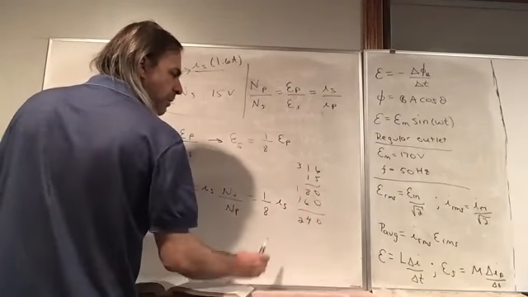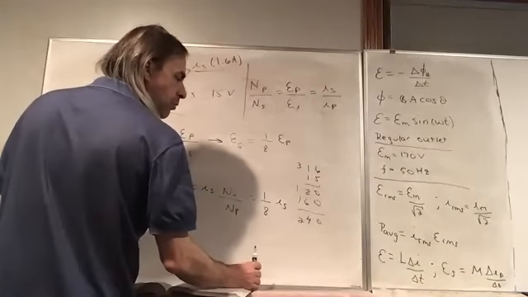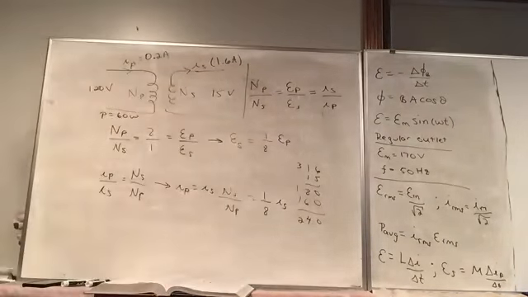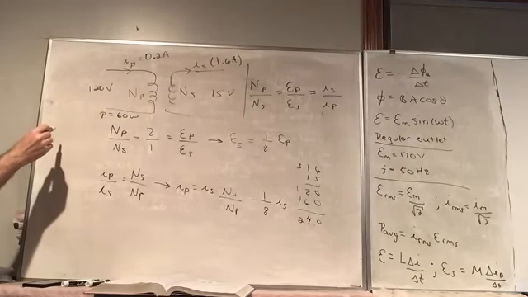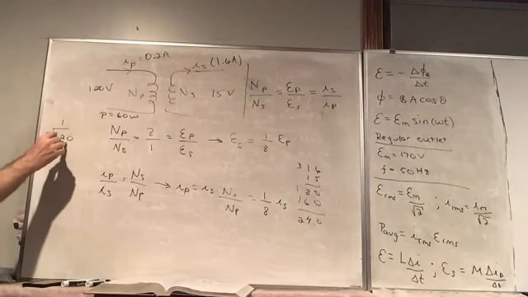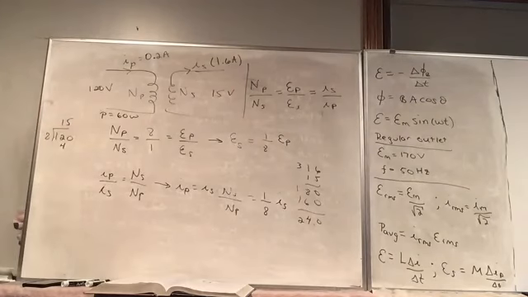Wait a minute. Sorry, it is definitely a Monday. Nothing is working out. Go back to, yeah, that's right. 15 volts. 1.6 divided by 8 would be 0.2.